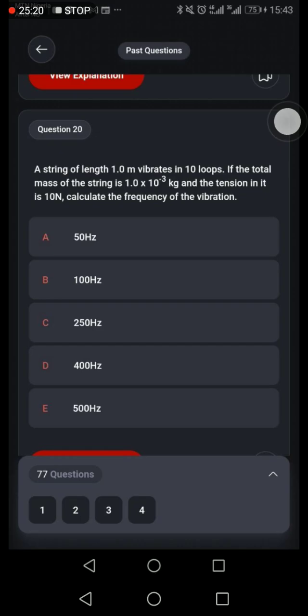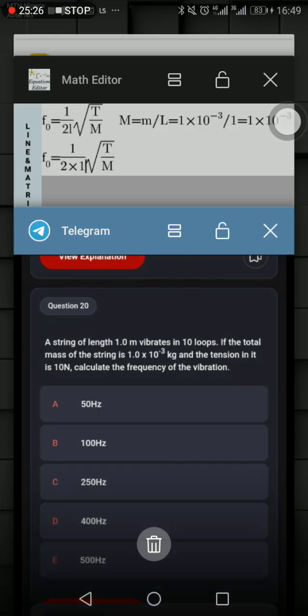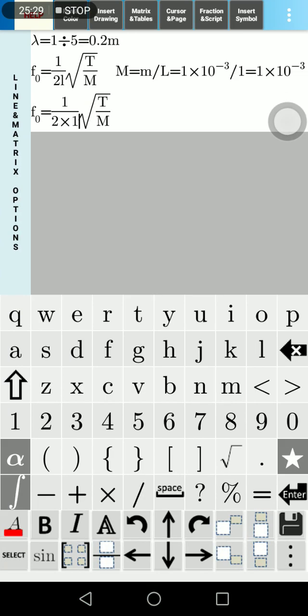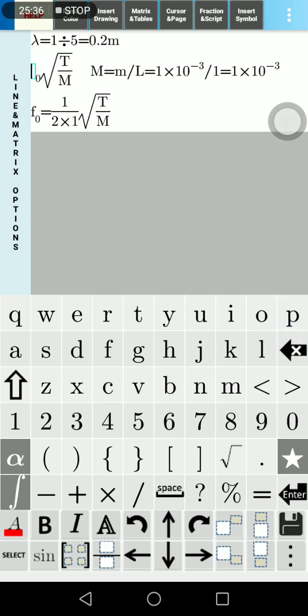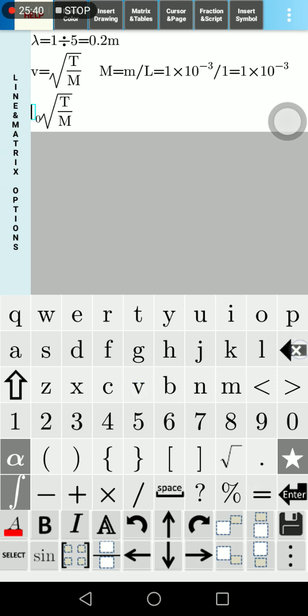If it was the fundamental frequency, you would have only one loop, but this string had 10 loops, so this is not the fundamental frequency. This formula is for the fundamental frequency, so I'm going to edit it to the formula for velocity first of all. This is the formula for the velocity of a wave in a string instrument.